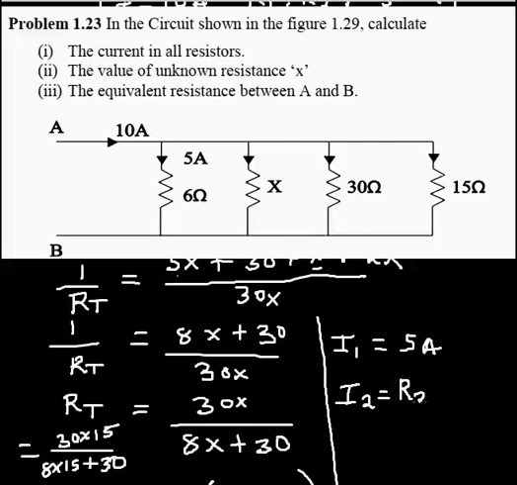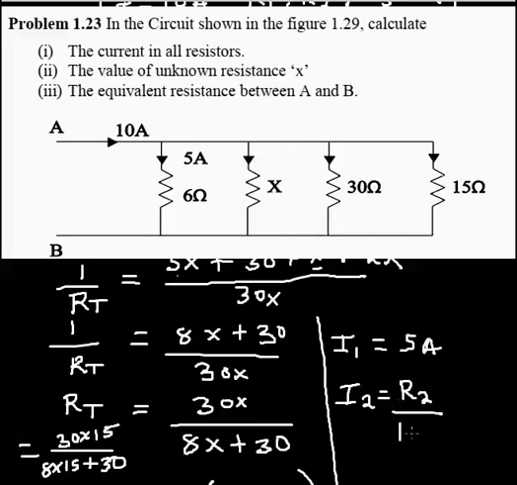Remember, what I used previously was R2 divided by the total resistance, then multiplied by the circuit current. But that is not how we divide current. This is how we divide current, in reciprocal.